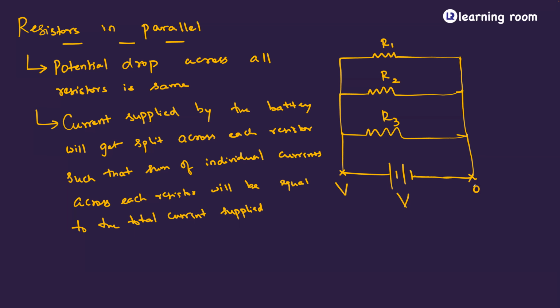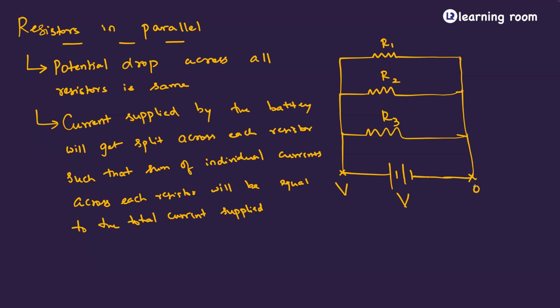Now let me explain the meaning of this first statement. Potential drop across each resistor is the same means the potential difference across each resistor is going to be the same. The point I'm going to tell you now is also used to solve problems, so concentrate and listen.